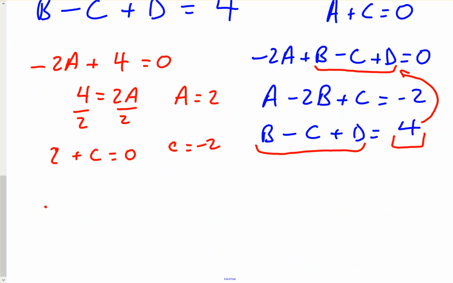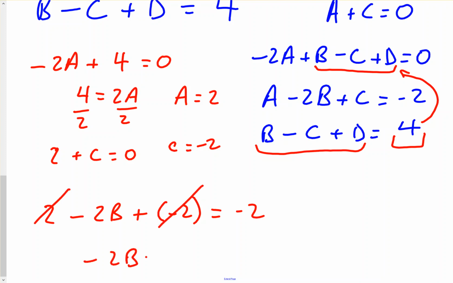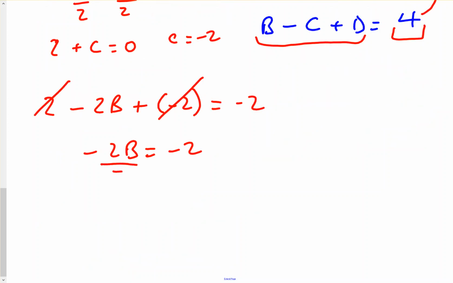A is 2, so 2 minus 2b plus c. c is negative 2 equals negative 2. So 2 plus negative 2, that's gone. So we have negative 2b equals negative 2, divided by negative 2. So b equals positive 1.